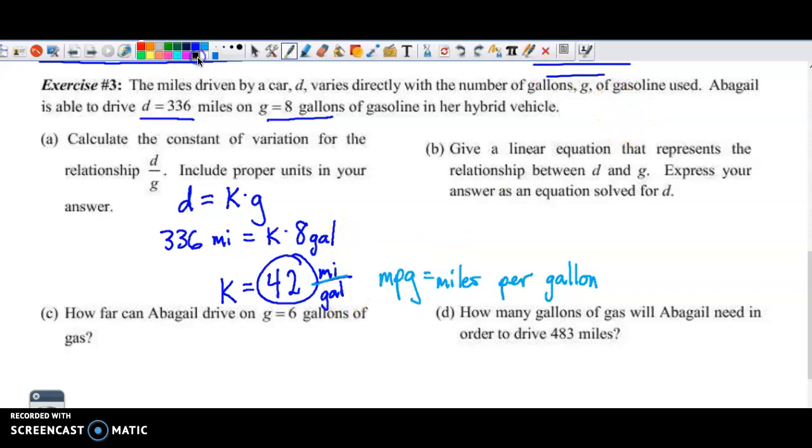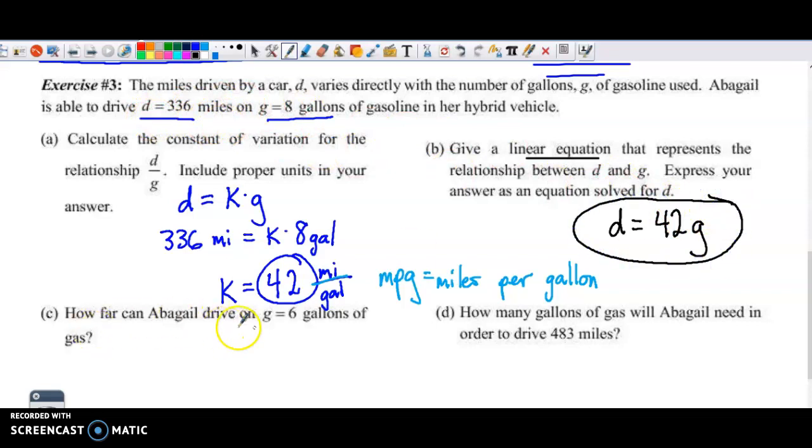So if I ask you to create a linear equation that represents this relationship, it would be d equals 42g. Because if you have 8 gallons of gas, like in this problem, if you multiply by 42, you can get to 336 miles down the road. And that can help you answer questions like this.